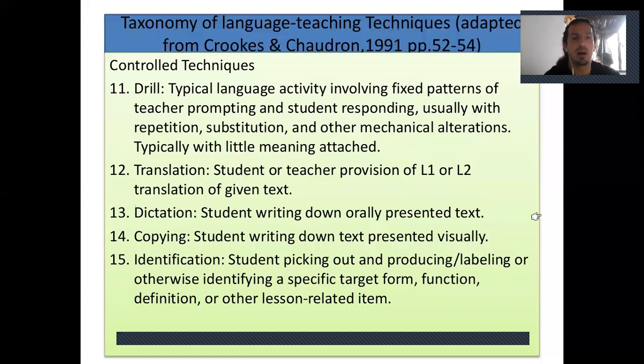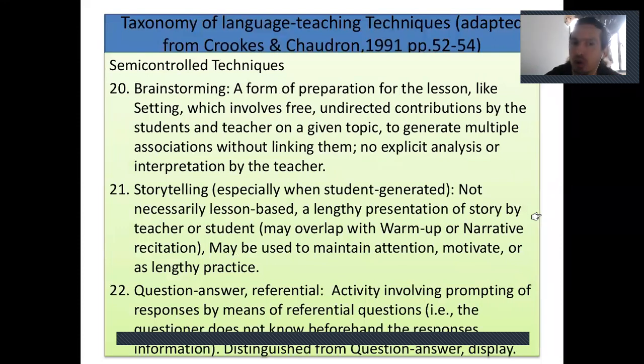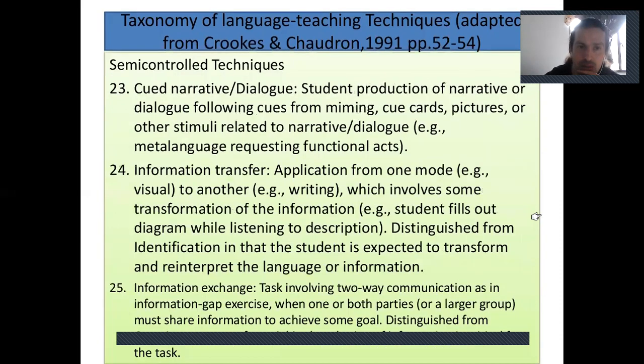12, translation. 13, dictation. Number 14, copying. Number 15, identification. Number 16, recognition. 17, review. 18, testing. 19, meaningful drill. 20, brainstorming. 21, storytelling. 22, question answer referential. 23, cued narrative dialogue.